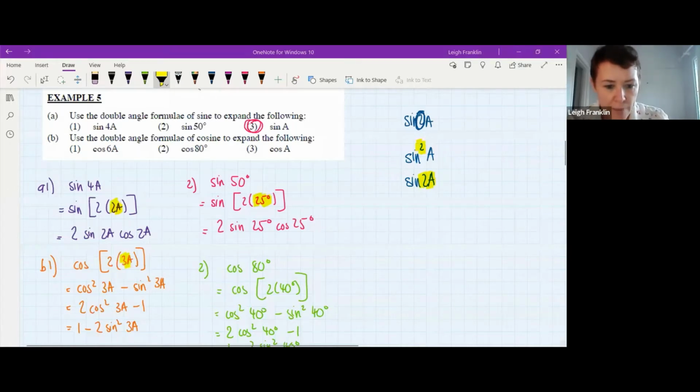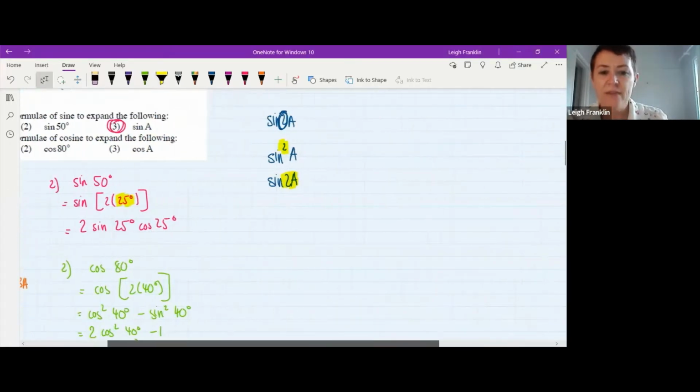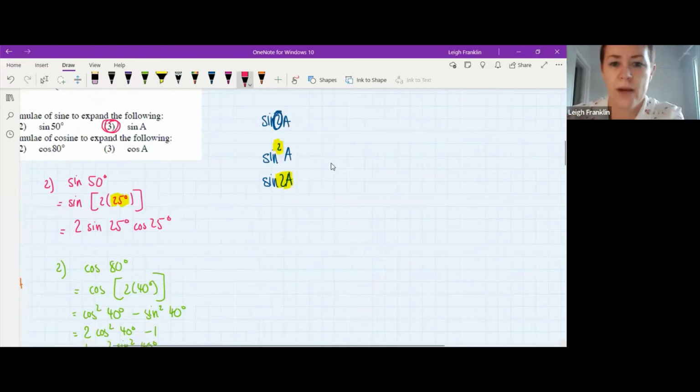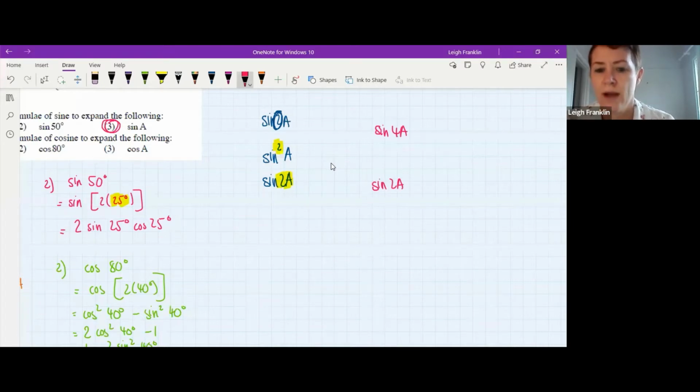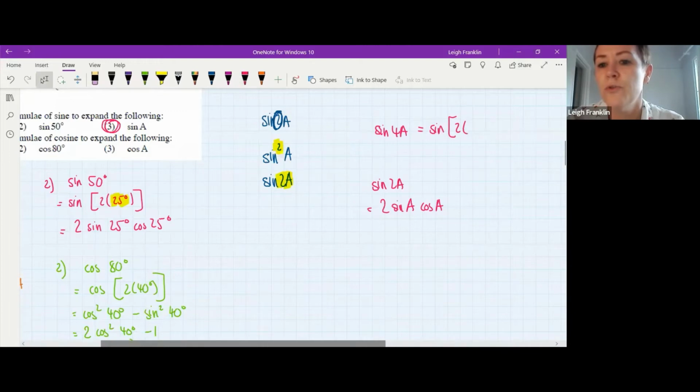The reason for that is because they gave us sine 4A. If they gave us sine 2A, then it would be equal to 2 sine A cos A. But they doubled the double. So here this is equal to sine 2 of 2A, which is sine of 2 times essentially 1A.